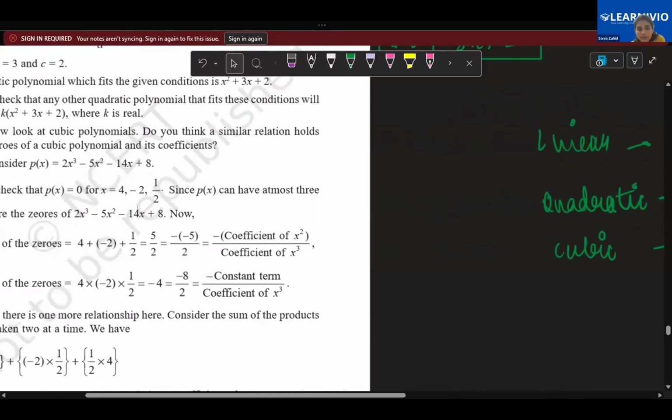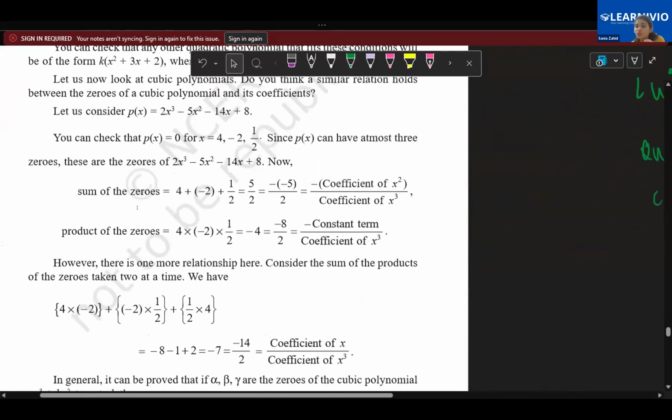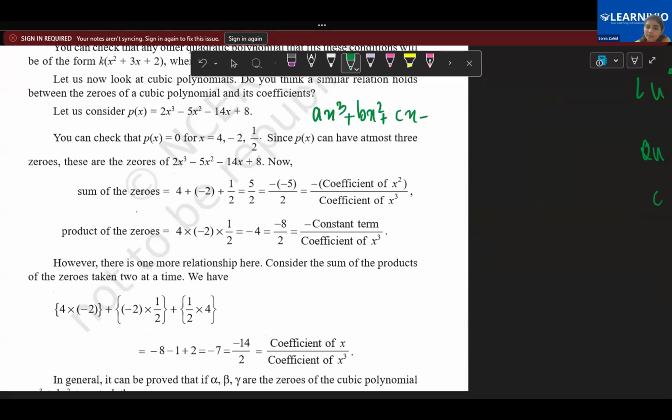Next, look here now. The sum of the zeros for a cubic polynomial becomes the coefficient of x squared divided by the coefficient of x cube. Okay, so what is the coefficient? If I write ax cube plus bx square plus cx plus d, can I make a formula for it? Coefficient of x square is how much?